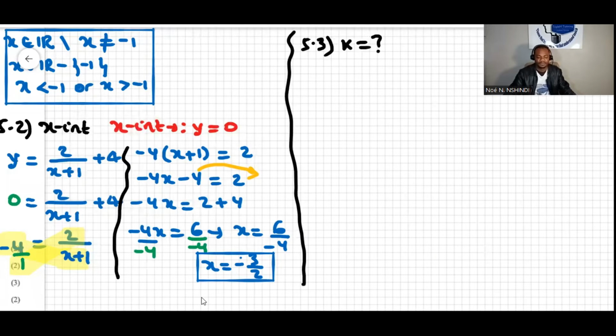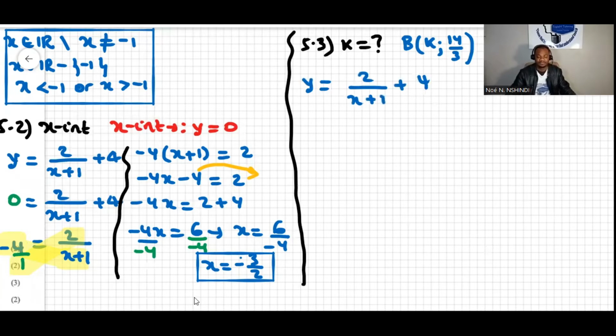Okay, so because k is a point on, actually it is the x coordinate of B. B is the point k, 14 over 3. And then B lies on f, so we can substitute. We have f given by y equals 2 over x plus 1, plus 4.